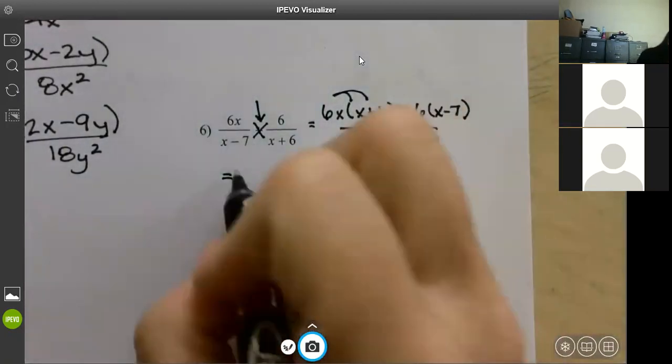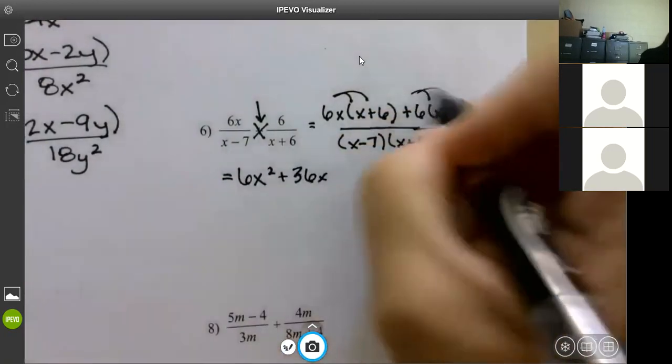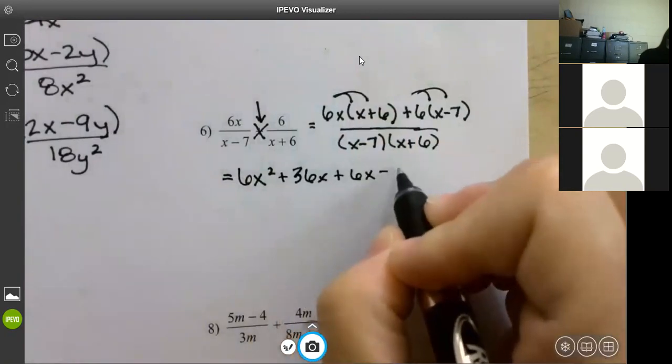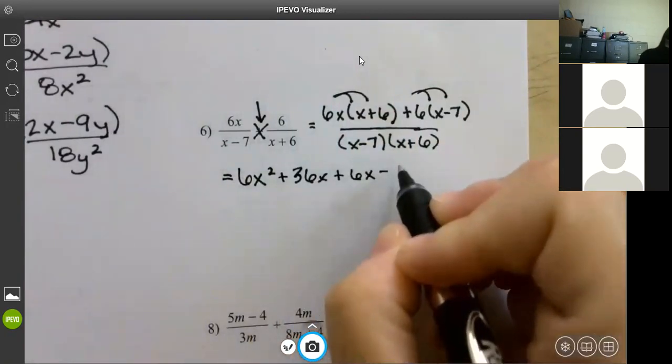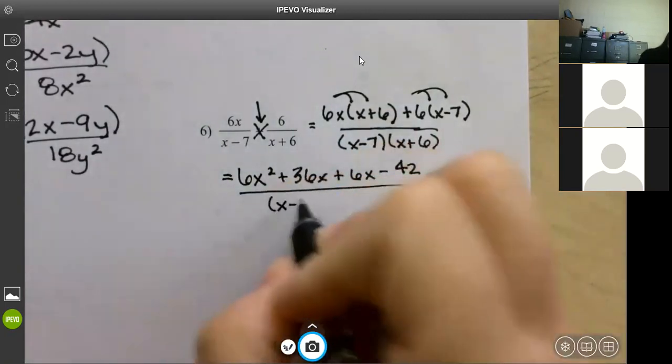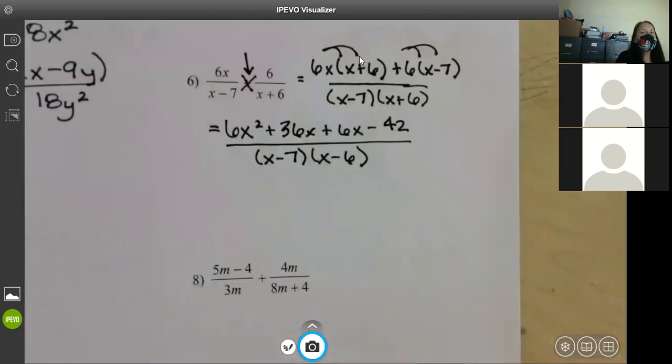6x squared plus 32x, plus 6x minus 32. What? 42. 42, good. Over x minus 7, x minus 6. Somebody else, what can we do now?